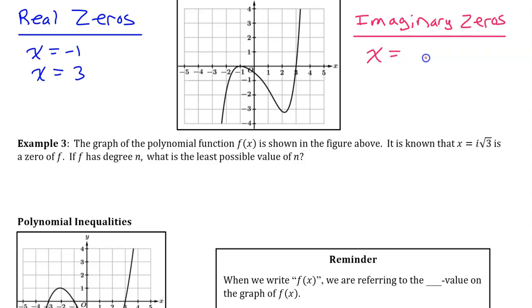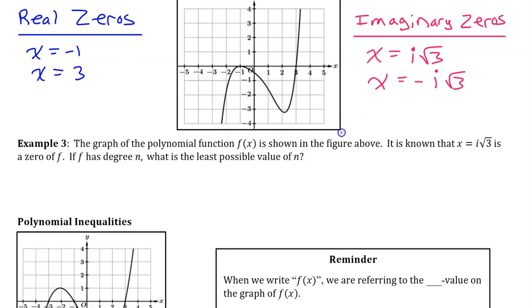So let's write that down. x equals i radical 3. And we just learned that imaginary zeros come in conjugate pairs. So if 0 plus i radical 3 is a 0, then 0 minus i radical 3 is another one. So we have 4 zeros.